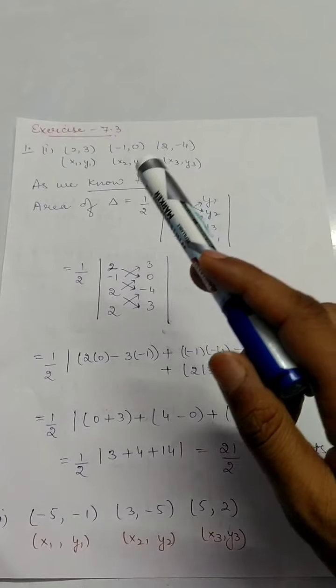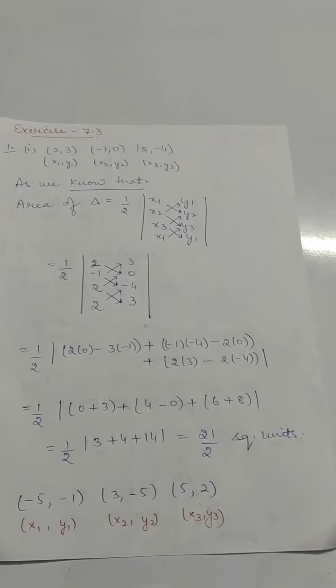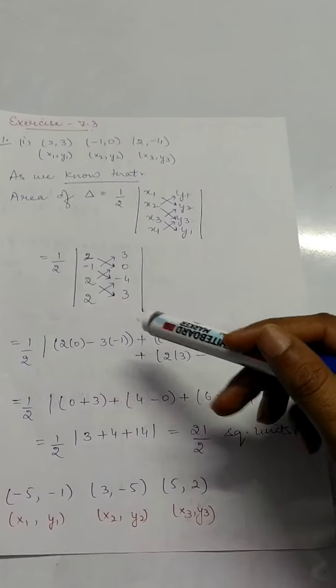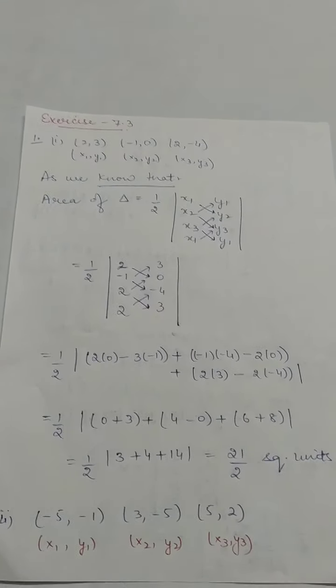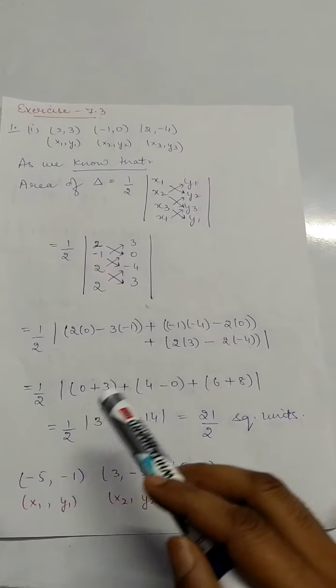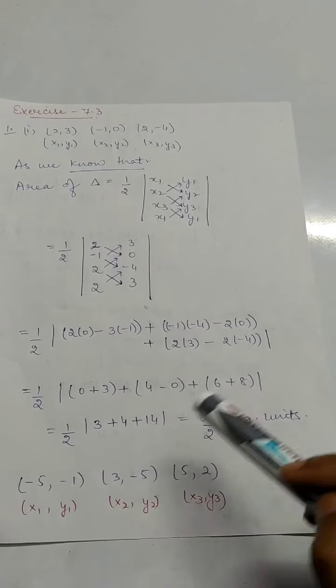So putting the coordinate values, we get 2 minus 1 2 2. Here we have 3 0 minus 4 3. So on cross multiplying we get half of 0 plus 3 plus 4 minus 0 plus 6 plus 8.